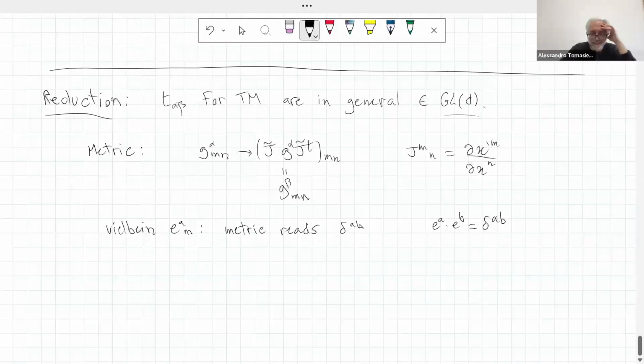This means that there is a basis on each open set where the metric reads like delta AB. Careful, I'm not saying, of course, that there is a coordinate system where the metric looks like delta AB, because that would mean that the metric is flat. I'm just saying that there's a basis where this is true.